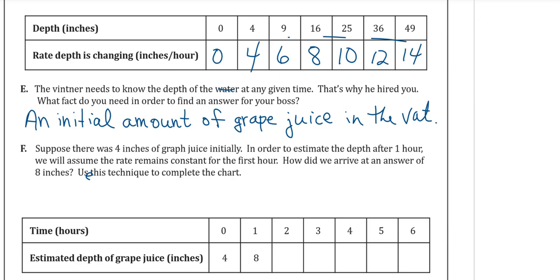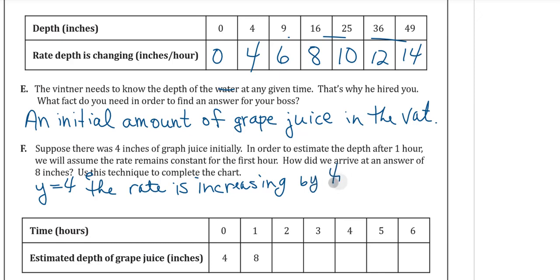Okay, so how we got 8 inches is that we want to remember that when y equals 4, the rate is increasing by 4 inches per hour. So we started at 4 and 1 hour has passed. We're going to take what we started with and add to it those 4 inches. So that's where the 8 comes from.